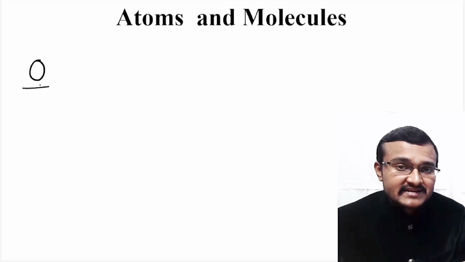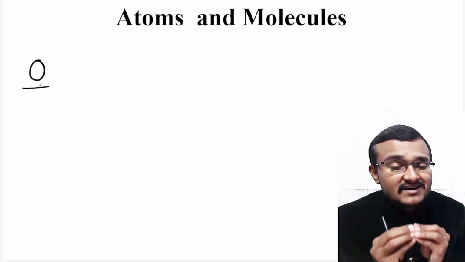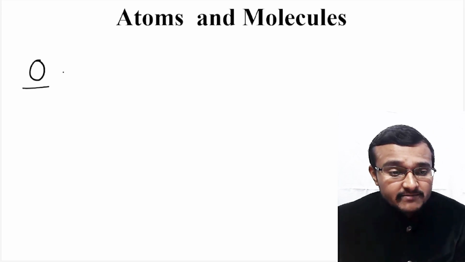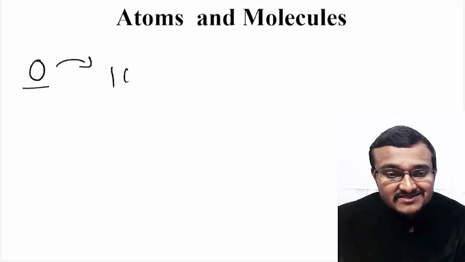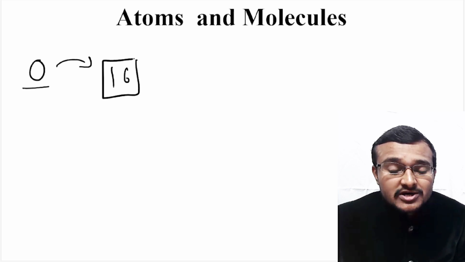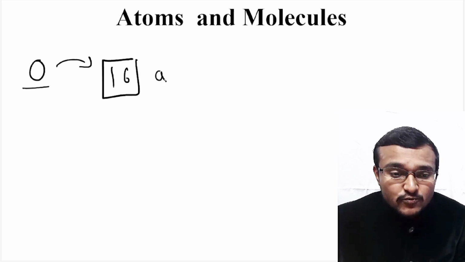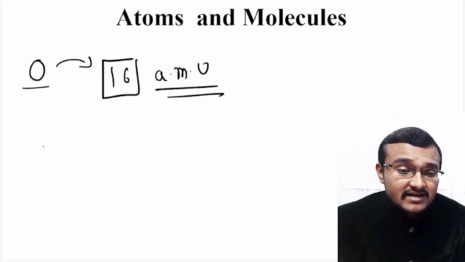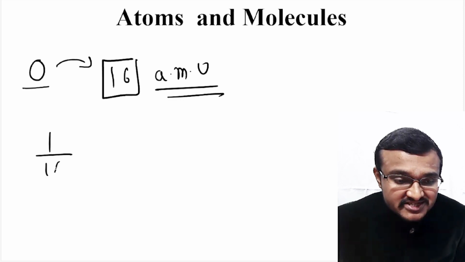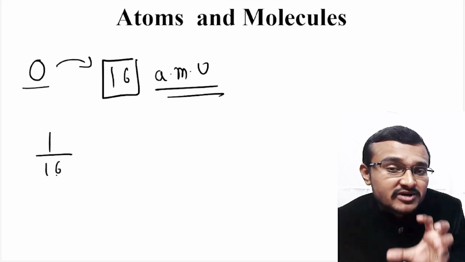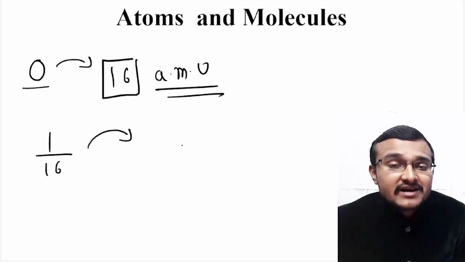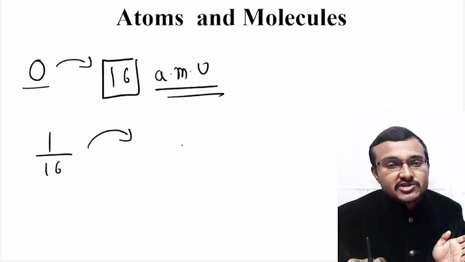So scientists fixed the mass of oxygen as 16. The atomic mass unit was 16 AMU for oxygen, and 1/16th of the mass of oxygen was given as the individual mass of different elements present in the periodic table.